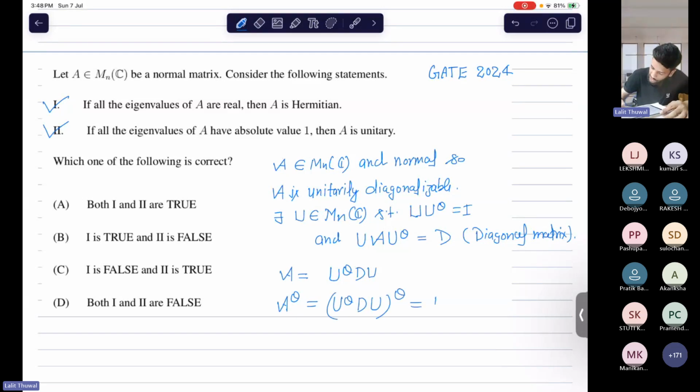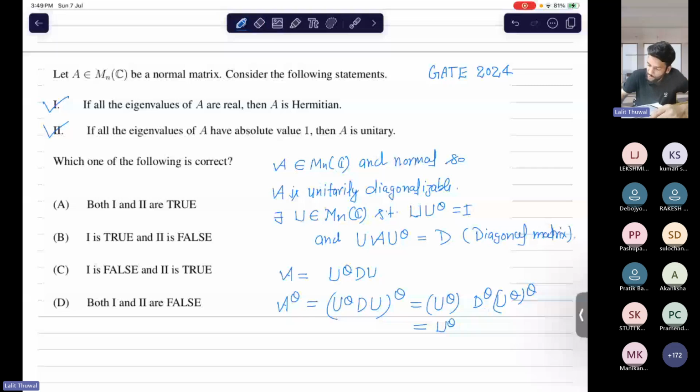This will be U** D* U*, where * means conjugate transpose. Because all the eigenvalues of the matrix are given to be real, D is real.